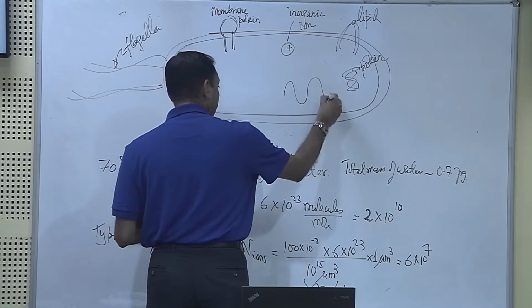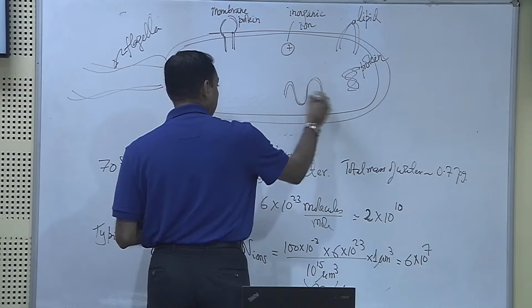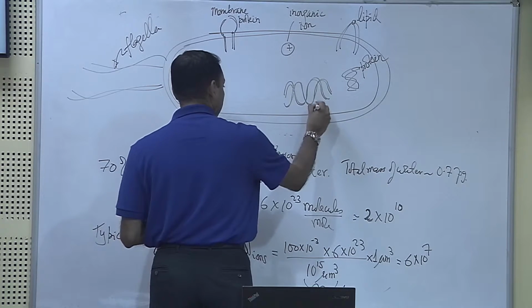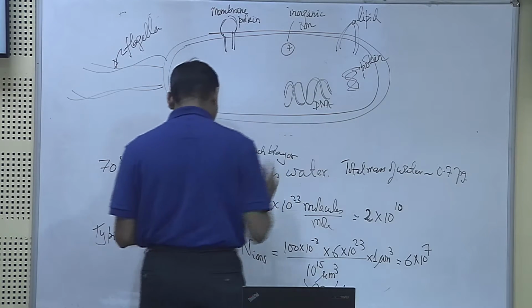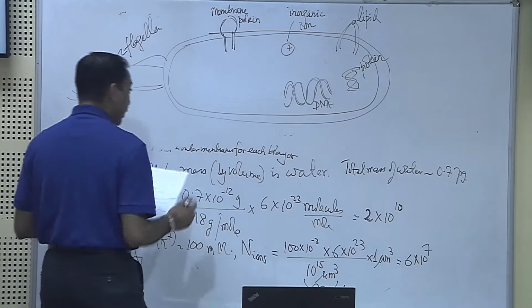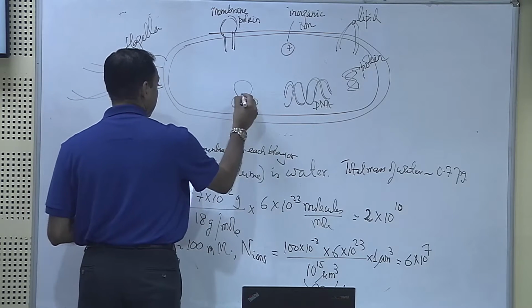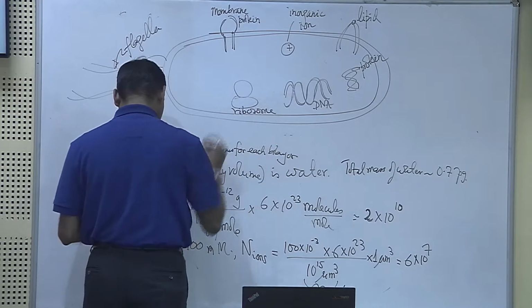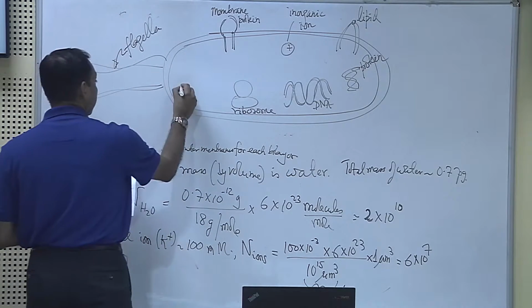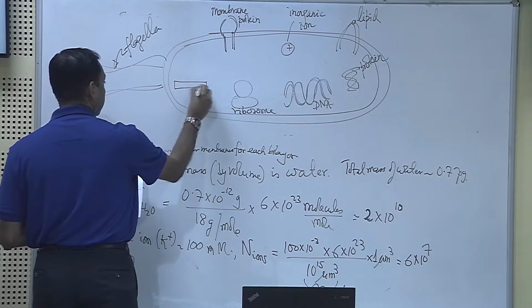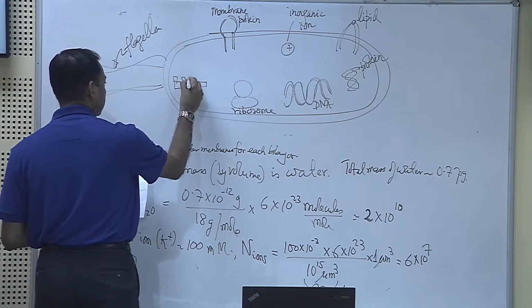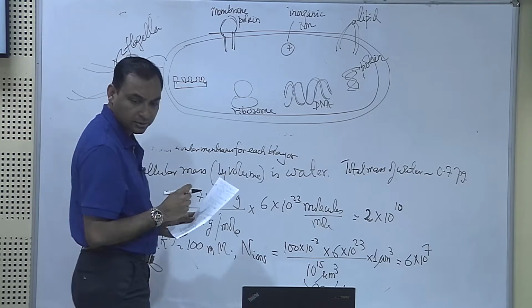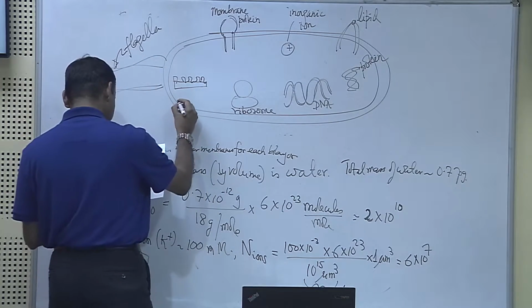We can calculate how much DNA as well. It will have the ribosomes, and also the messenger RNAs.